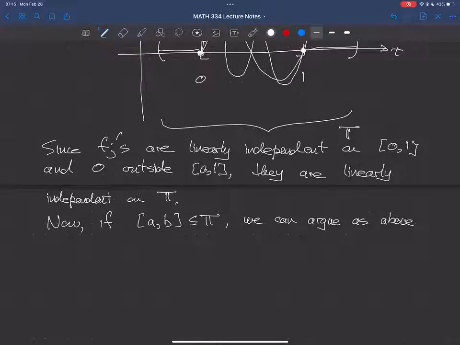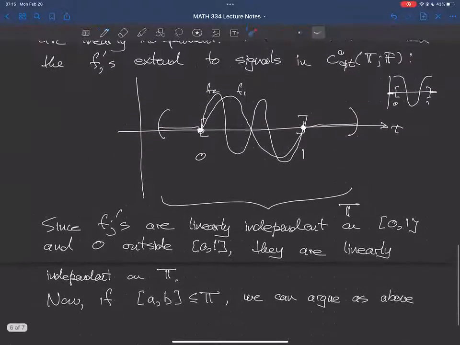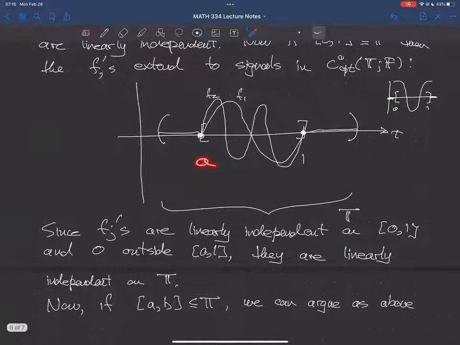And this follows in the same way, basically. The picture looks exactly the same, except I have A here and B here.